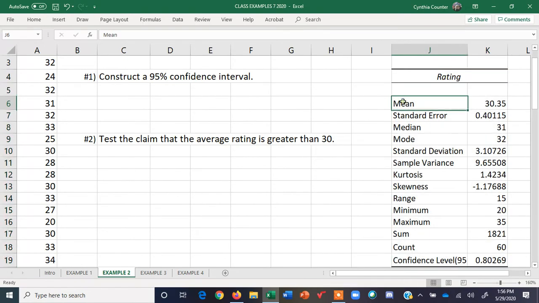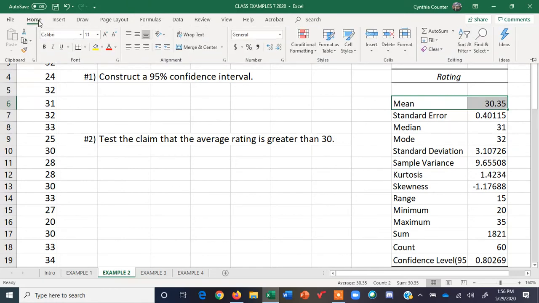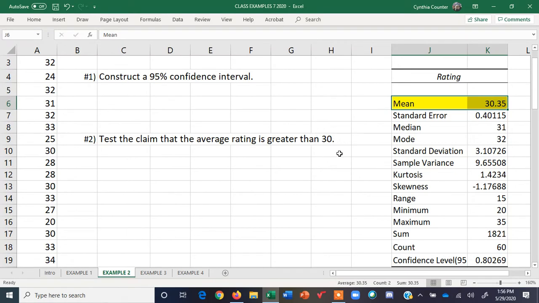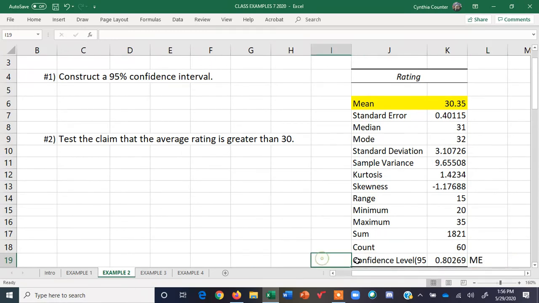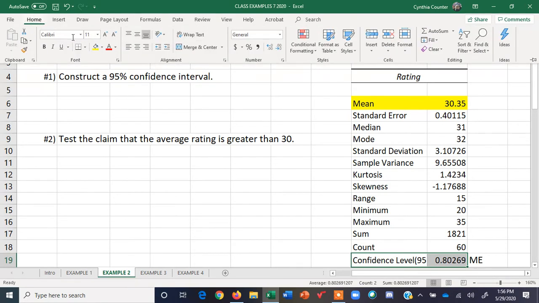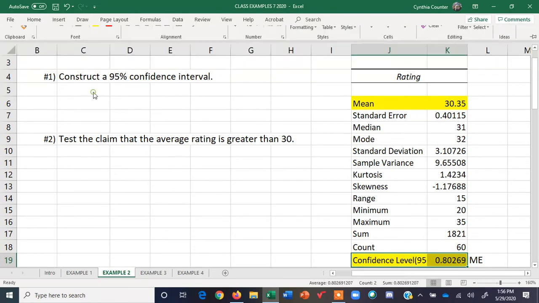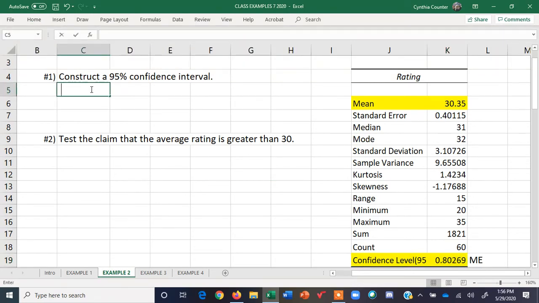Here is our information. First thing we're going to be using, the sample mean of 30.35, notice, which just is a little bit bigger than 30, and the margin of error here, which is 0.8029. So notice it is a small margin of error. So let's see what we get here. So let's do the left endpoint.